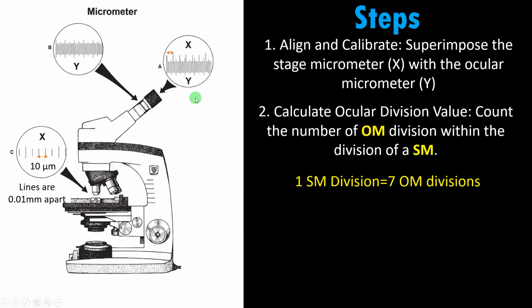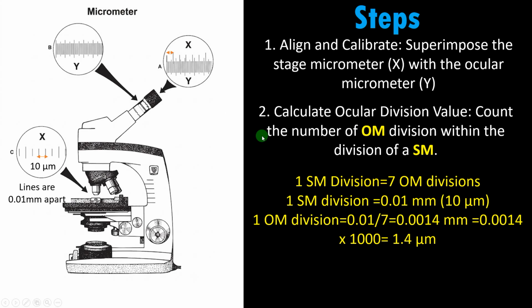So we know the value of one stage micrometer division, that is 0.01 millimeter or 10 micrometer. So it's very easy to calculate one ocular micrometer division, that is 0.01 by 7, that is 0.0014 millimeter. We can convert that into micrometer, that is 0.0014 into 1000, that is 1.4 micrometer.